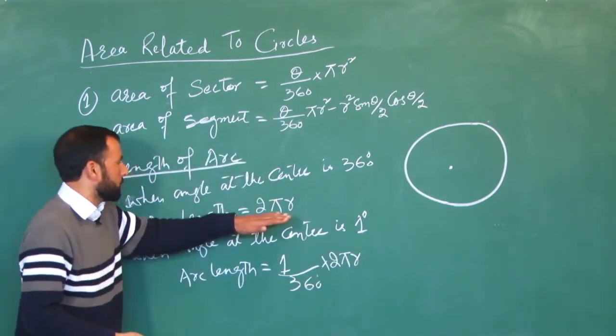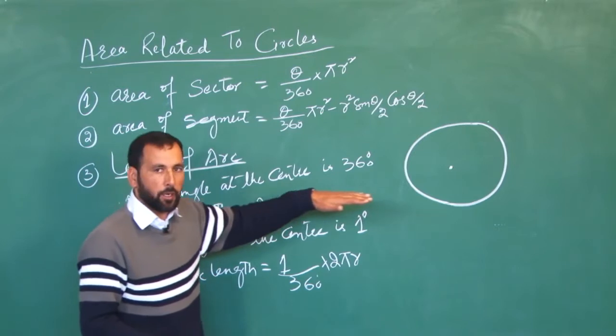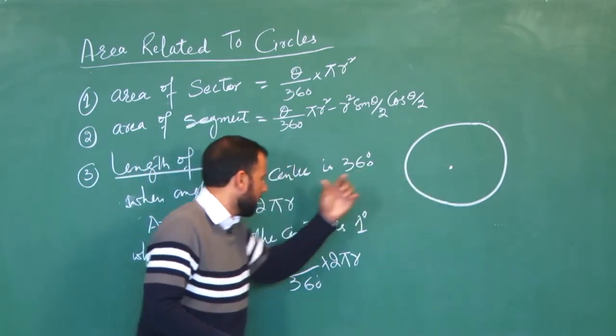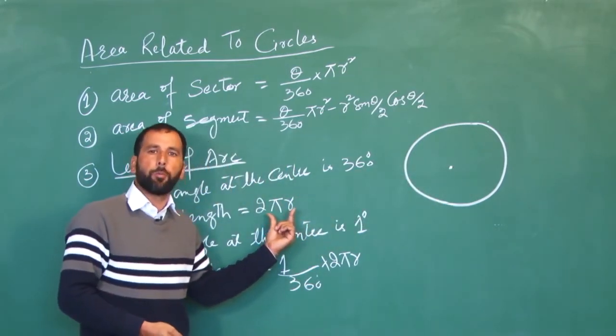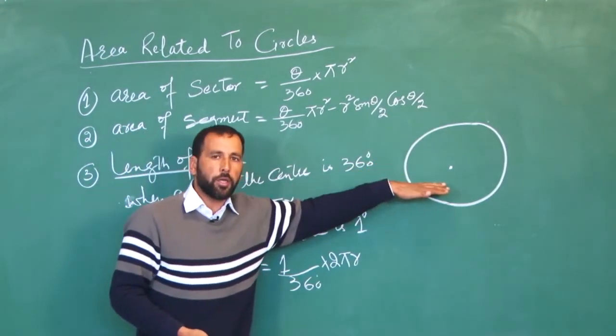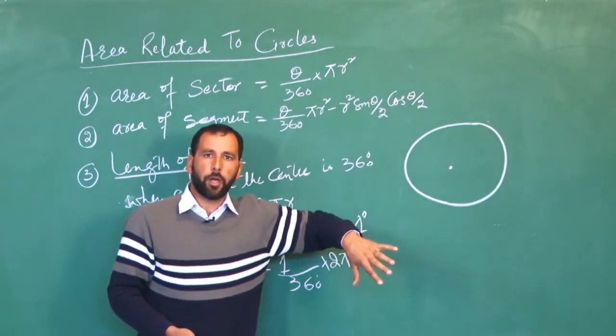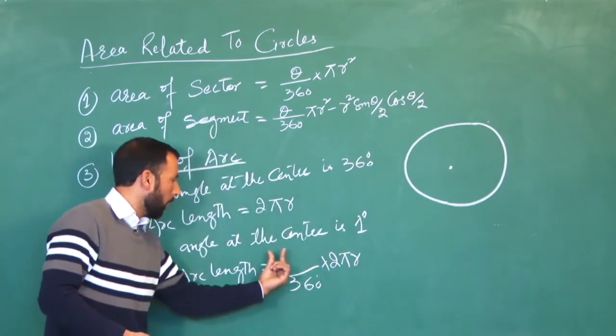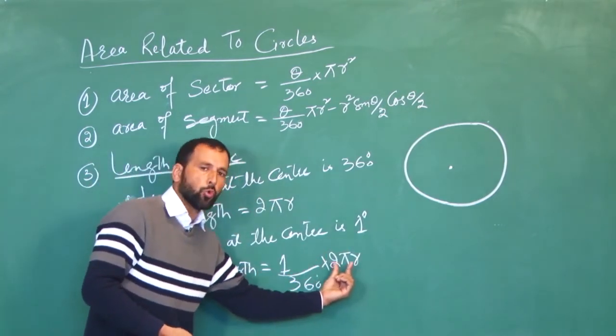This formula is used: when the angle at the center is 360 degrees, the length of the arc equals 2 pi r, and when the angle at the center is 1 degree, the length of the corresponding arc is equal to 1 divided by 360 into 2 pi r.